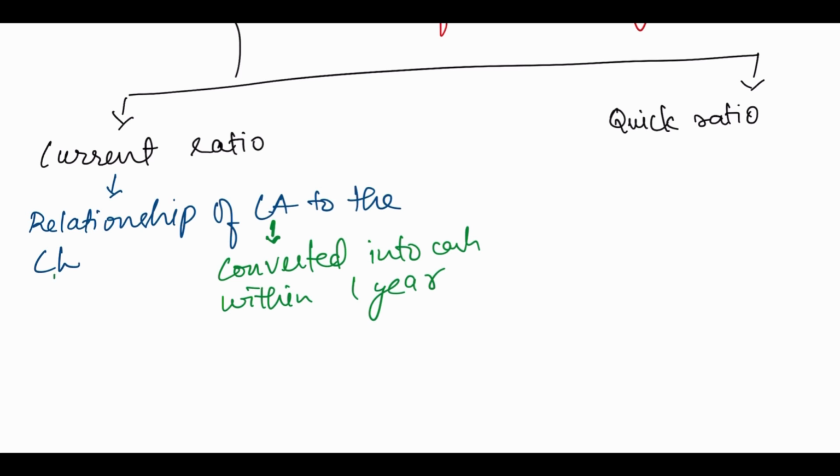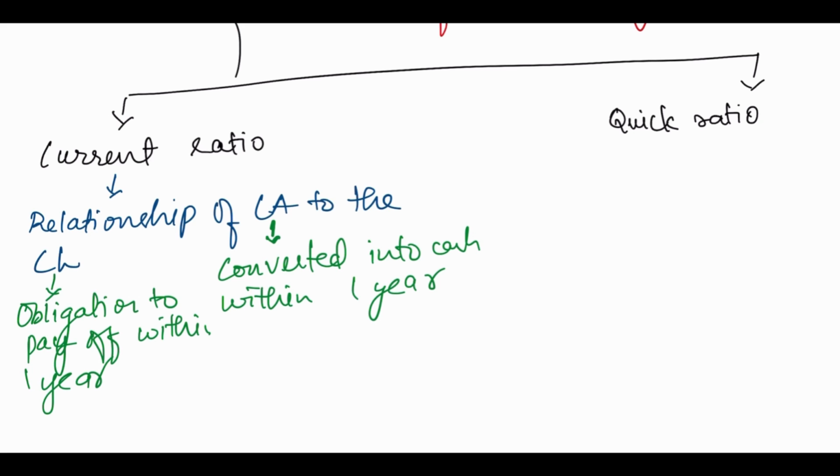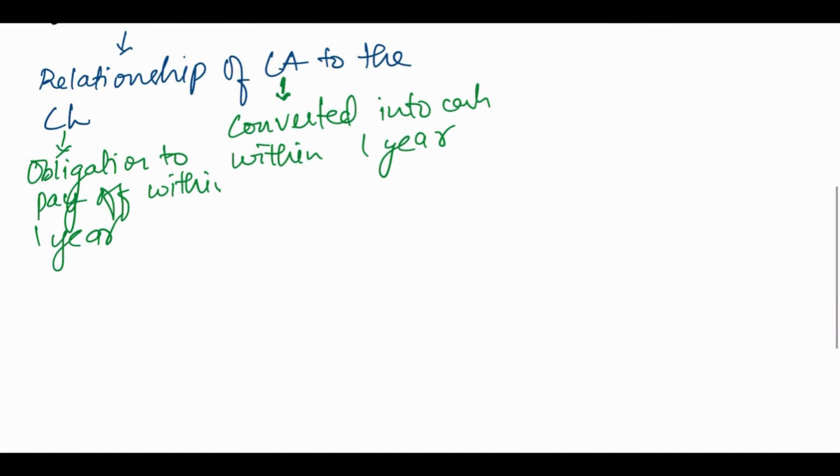And what is current liability? It is the obligation to pay off within 1 year. Okay, so current asset, it is an asset which can be converted into cash within 1 year, and current liability, it is an obligation to pay off within 1 year.